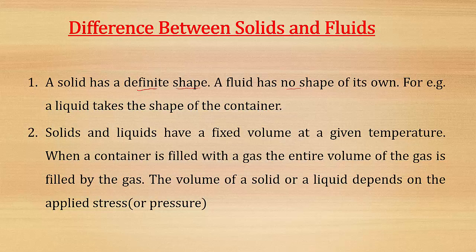A fluid has no shape of its own. For example, a liquid takes the shape of the container. In which container you are going to fill the liquid, that shape it can get. So there is no particular shape for the fluid, but solid has the definite shape.